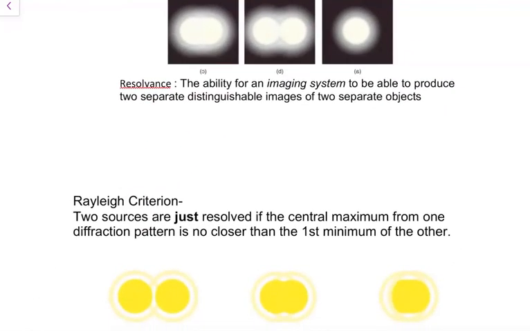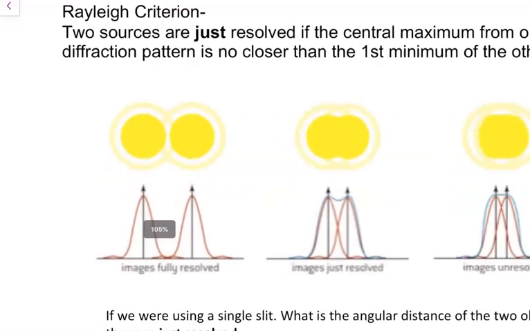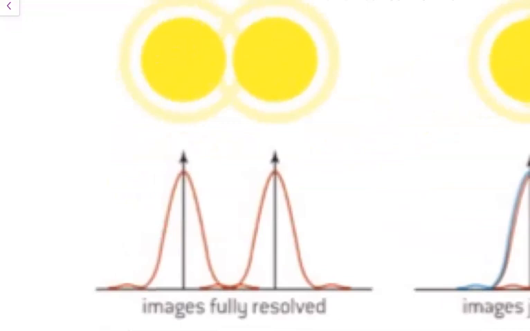And so we're going to use a single slit aperture, or our eyes, or telescopes to help us observe these images. And we're going to use what's called Rayleigh's criterion to identify the moment in which it becomes a separate object. So for example, in this image, we can see those 2 objects as 2 separate objects.